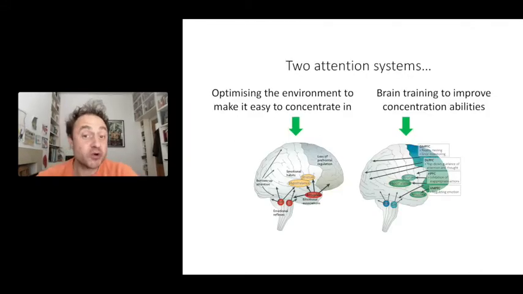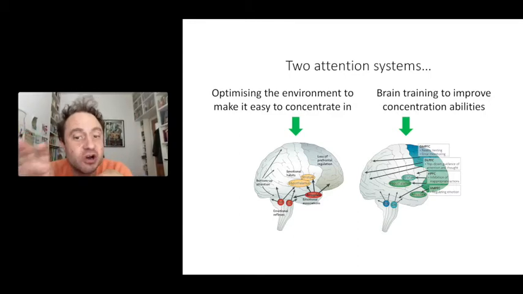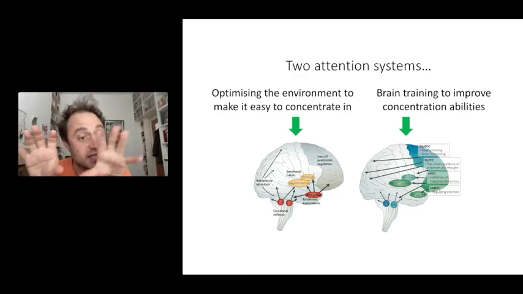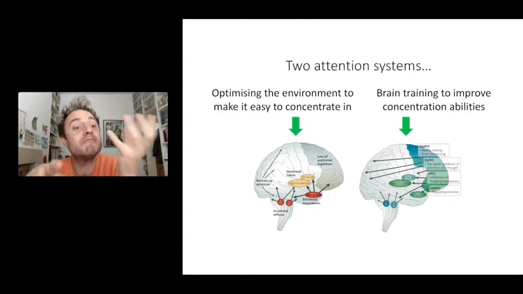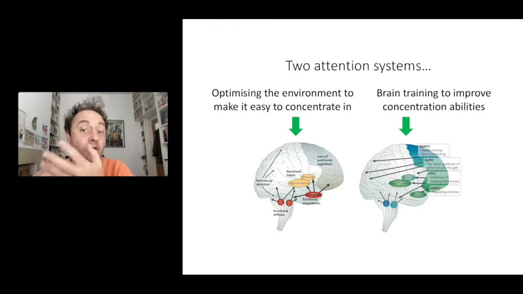So we're going to be talking about three different things. Firstly, two very different sets of ideas, building from this new idea that I've introduced to you about bottom-up versus top-down. So two different ways we can improve concentration. Firstly, we can understand bottom-up attention and think about optimizing an environment to make it easy to concentrate in.